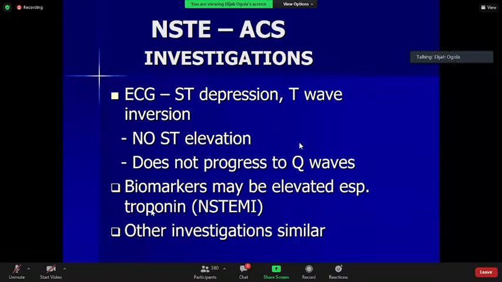In the ECG, like I said, there is no ST elevation, so they may present with ST depression or T wave inversion. And usually, if it's NSTEMI, unless it evolves into a STEMI, it does not progress to Q waves. Biomarkers may be elevated, I've already alluded to that, and if the troponin is elevated, it's an NSTEMI. If it is not elevated, it is unstable angina.